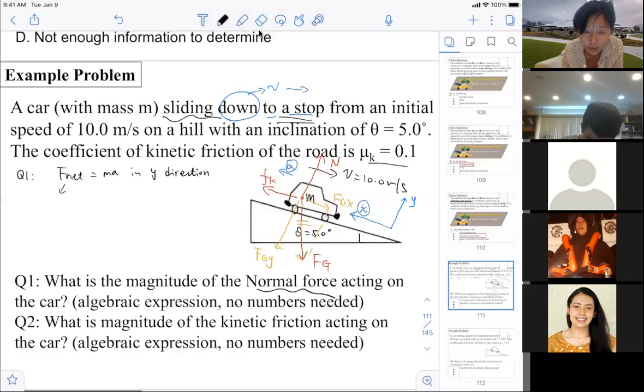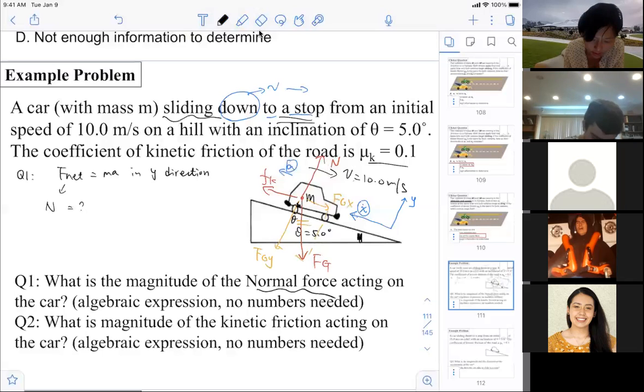Hopefully, after a few incline problems, we're already very familiar with it. So the normal force is going to be equal to what? FG cosine theta, I believe. mg cosine theta. Excellent. This little angle is theta, the same as this theta.